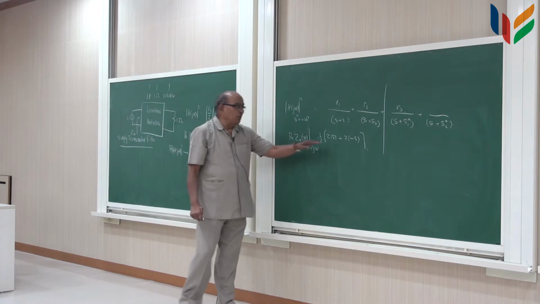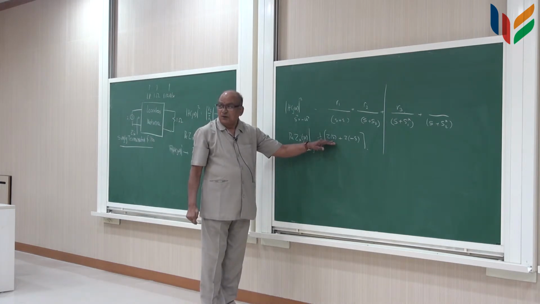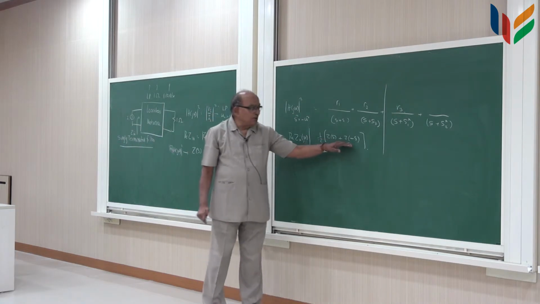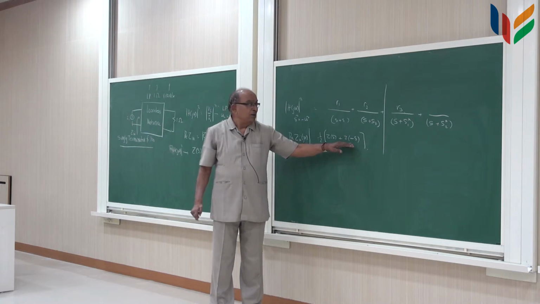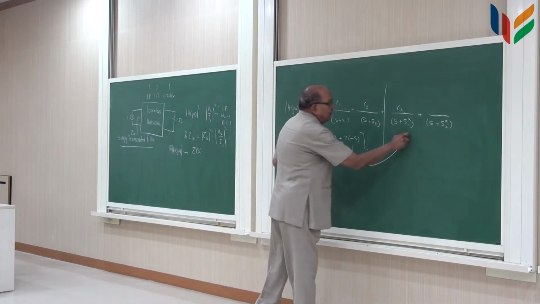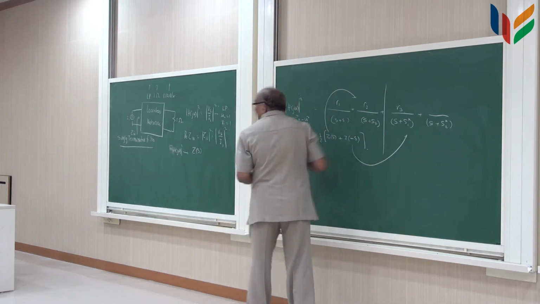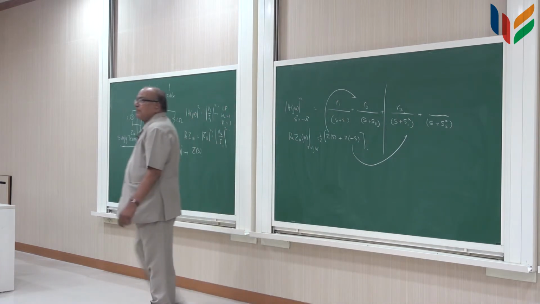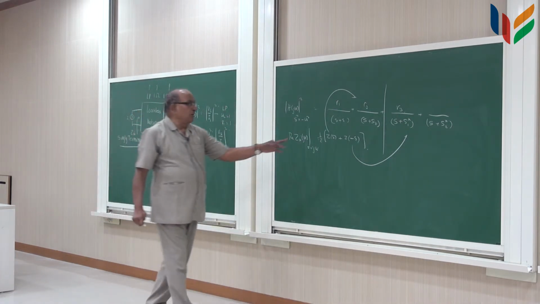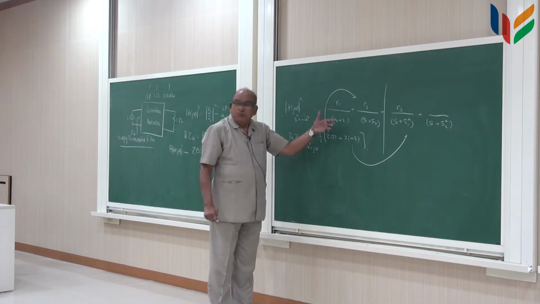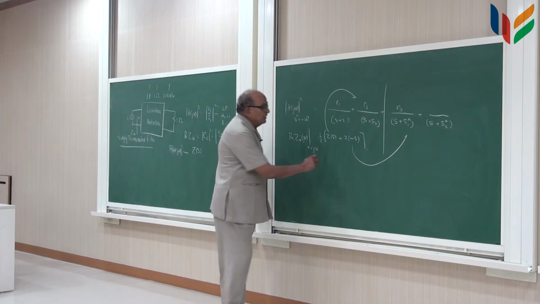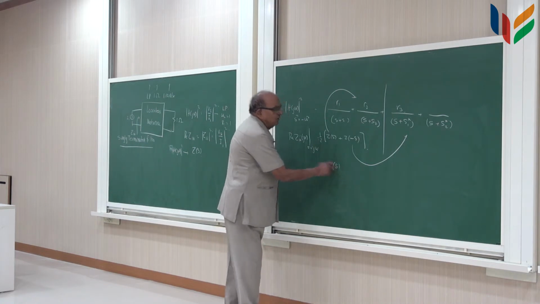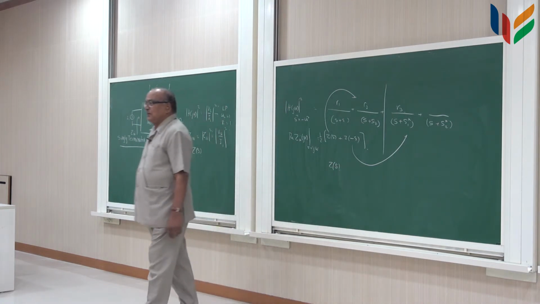Now, because it is a realizable function, Z(s) must have poles on the left half plane and Z(minus s) must have poles in the right half plane, correspondingly mirror images. So this corresponds to this and this will correspond to this. Once I know this, I can double the value and that gives me Z of s. So from here I uniquely find what is Z of s.